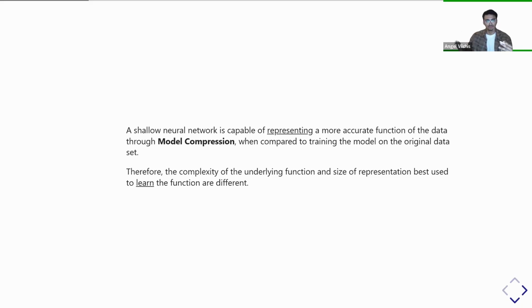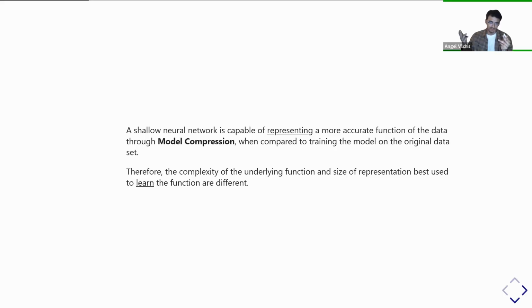And they show this because if a shallow network is able to accurately approximate the underlying function of the data through model compression, then it has enough representational capacity, and that means depth is not required for that.